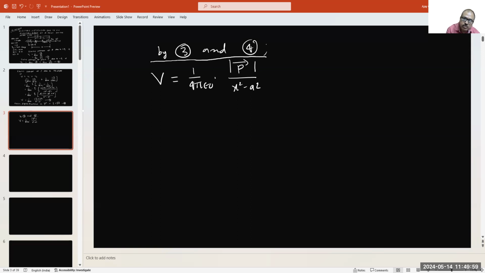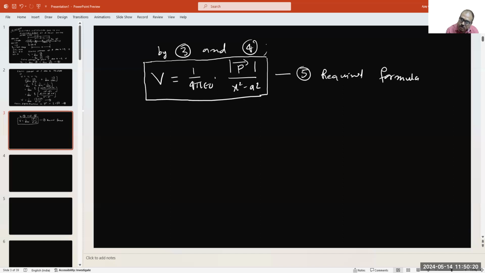In the case of electric potential due to the dipole at any point on the axial line, this is your required formula for electric potential on the axial line of an electric dipole.